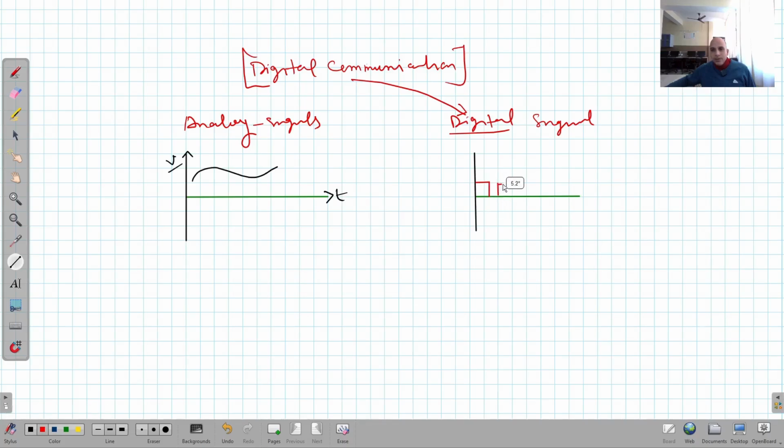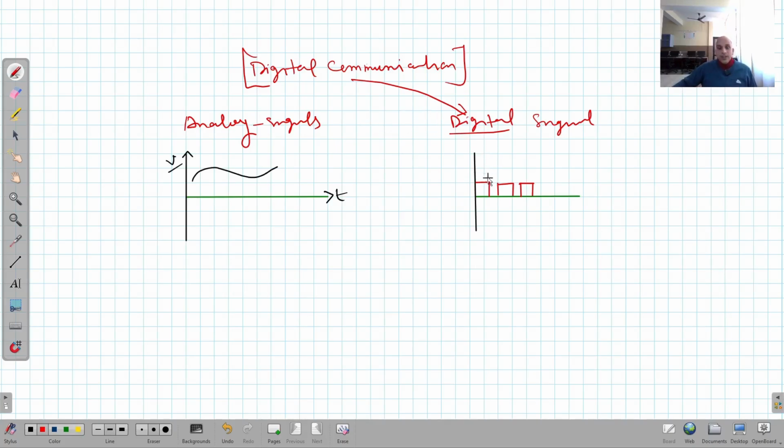Then again 1, right? Like that. So you can see here that the signal is now discrete. It is not continuous, right? This is the rough representation of a digital signal.